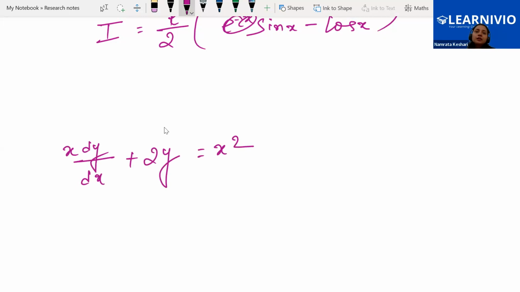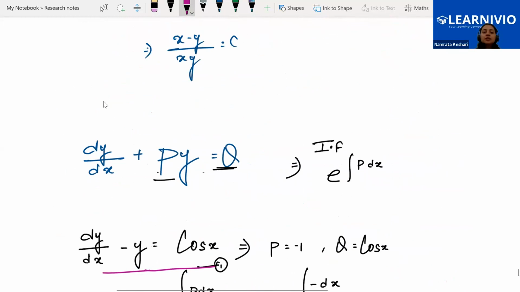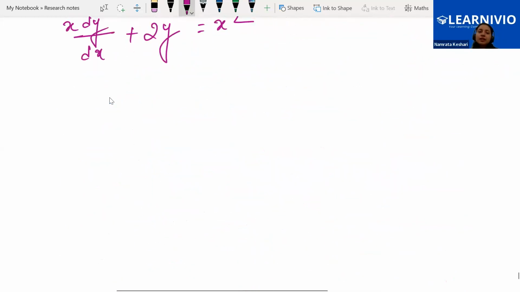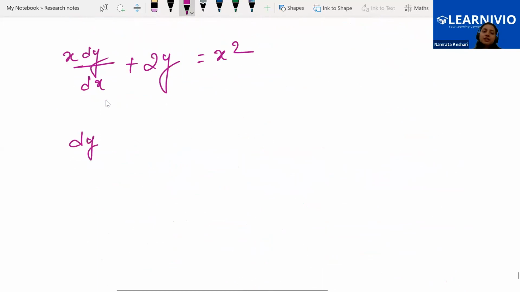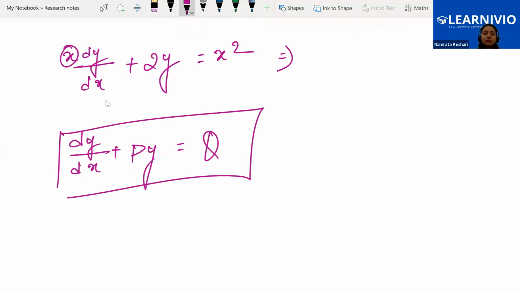The linear differential equation which I have written at first is dy/dx plus Py is equal to Q. Does it look like that? dy/dx plus Py is equal to Q? Yes or no? Yes, ma'am. Is any extra term there? x is extra, so we need to divide both sides by x in our given question to make it like this. Getting it?